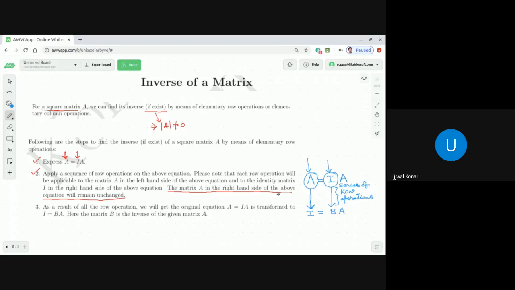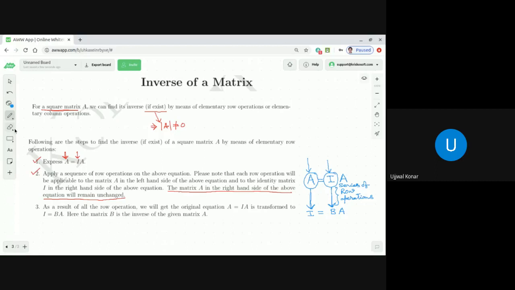As a result, on the left-hand side you will get I. On the right-hand side there are two matrices initially, one is I and another one is A. I will get transformed to a matrix B because we are performing the same row operations as we performed on the matrix A in the left-hand side, whereas the matrix A in the right-hand side will remain unchanged.